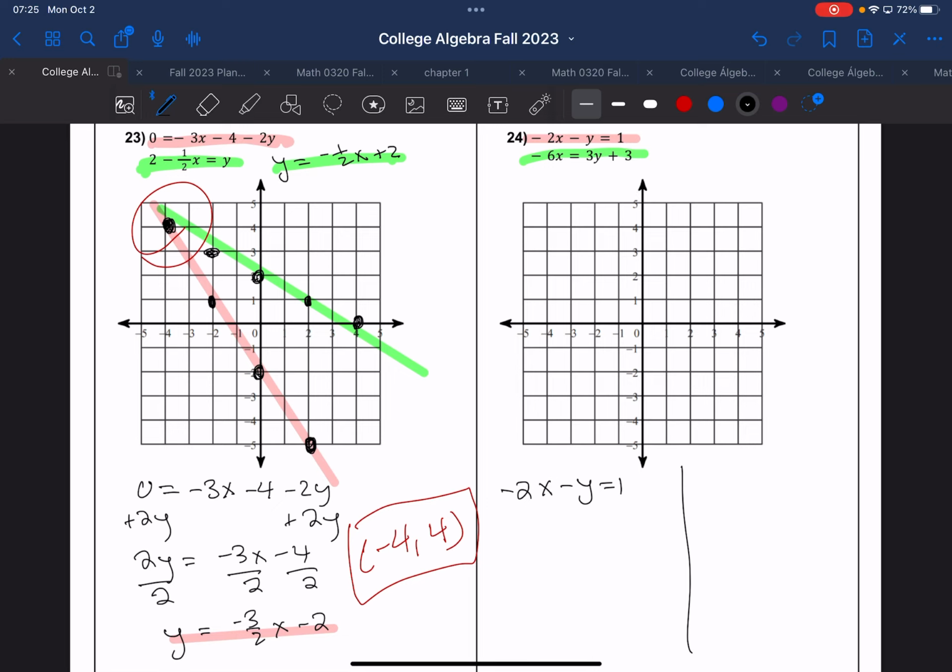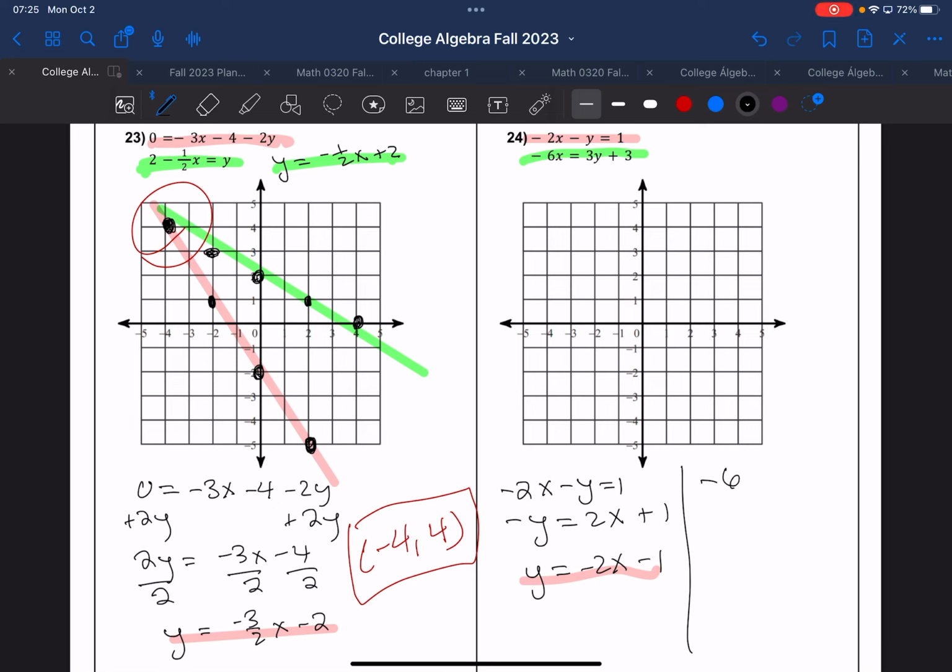Good, add 2x, so negative y is equal to 2x plus 1. And then we have a negative in front of the y, so that tells us what's going to happen to all the signs. Flip them. So this is now y equals negative 2x minus 1. Okay, and that's the pink one that we just solved out.